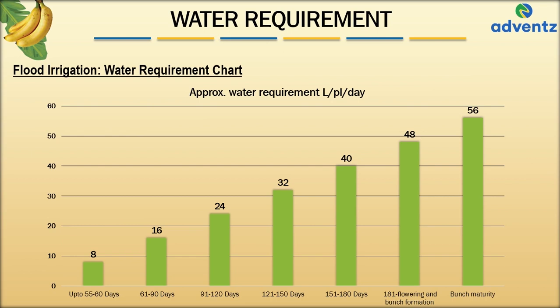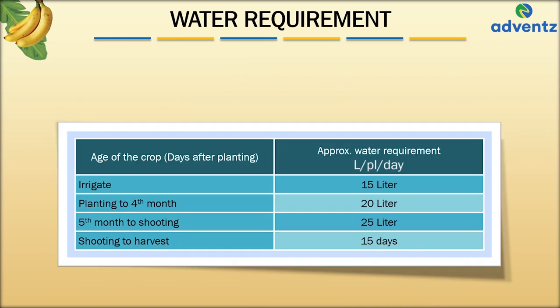When we are using the drip irrigation method instead of the flood irrigation, then we need to irrigate the crops using 15 liters of water per plant per day from planting to 4th month. Then we need to increase the water from 15 liters to 20 liters per plant per day.